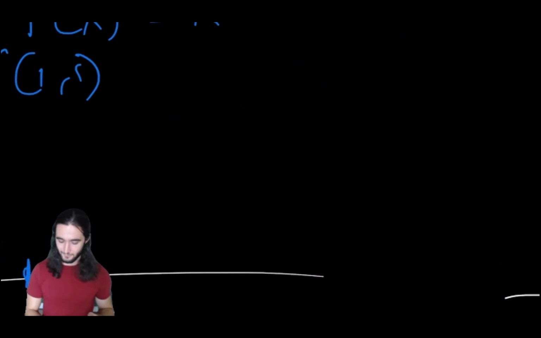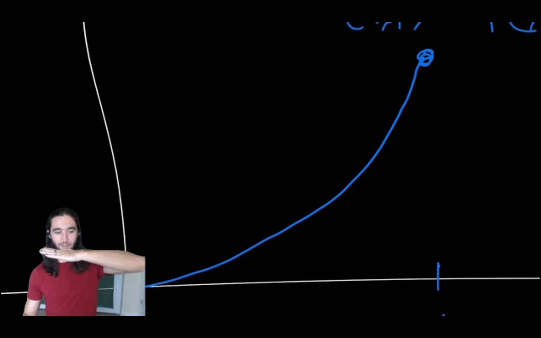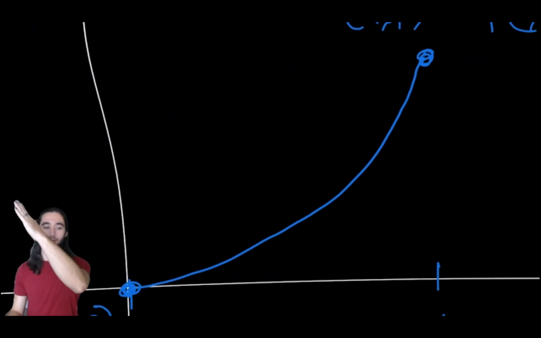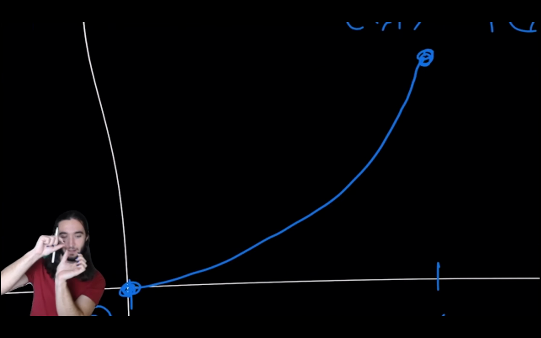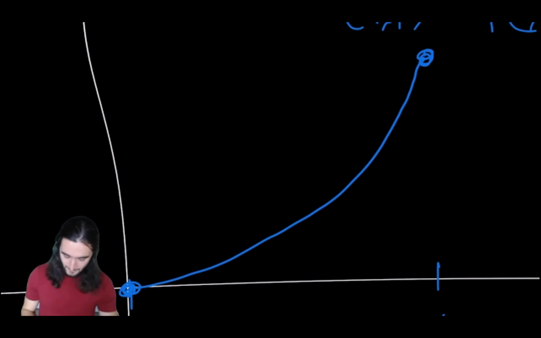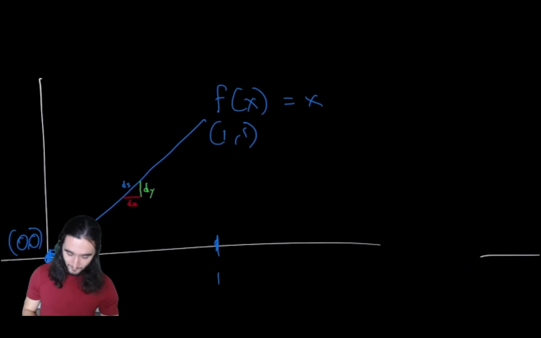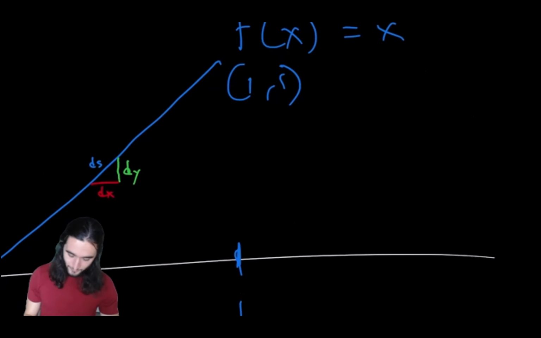For this curve, it starts off with a shallow diagonal, but the more it goes up, the steeper it becomes. So that ds is changing relative to the dx and the dy as you go along, and the relationship between them at all times is they make a right triangle.